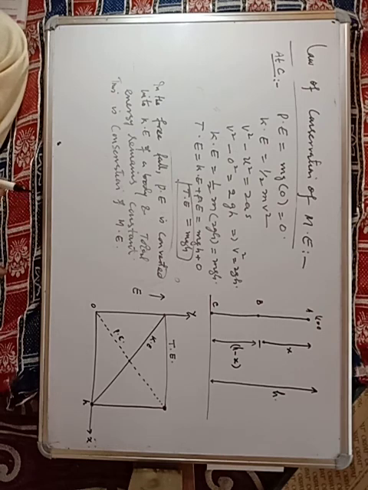So this was the law which is known as law of conservation of mechanical energy. In the next lecture, we will discuss mass energy equivalence of a body, right? Okay, thank you.